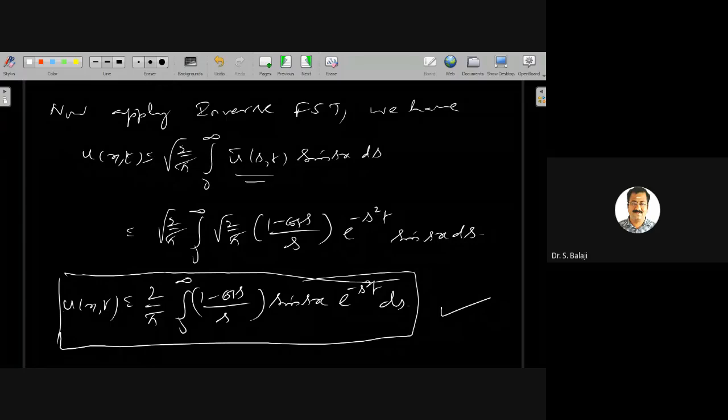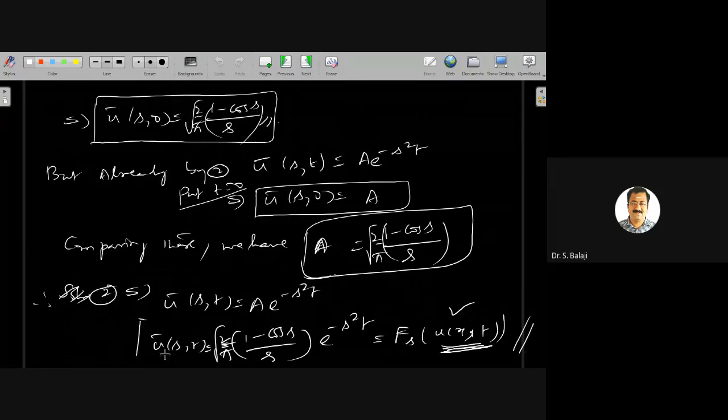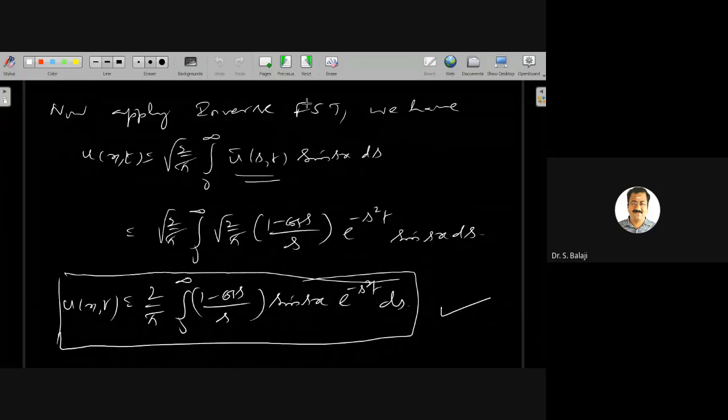But u bar s comma t is already root of 2 by pi times (1 minus cos s) by s times e power minus s square t. So substitute it here, into sin sx ds.